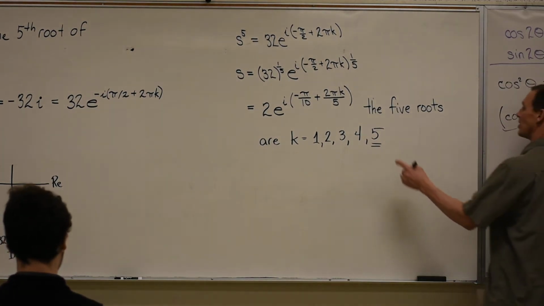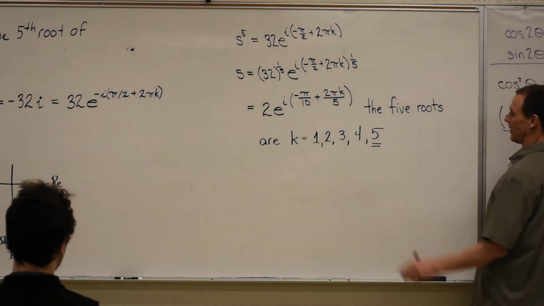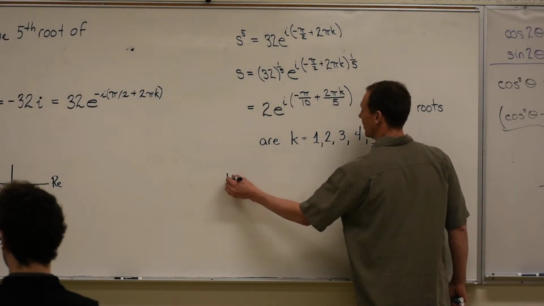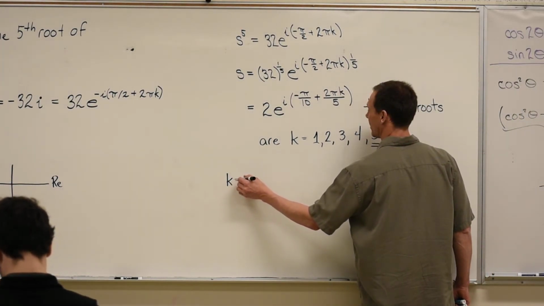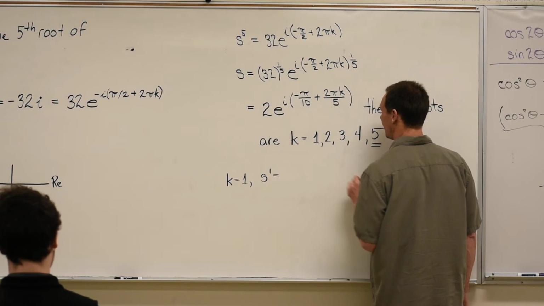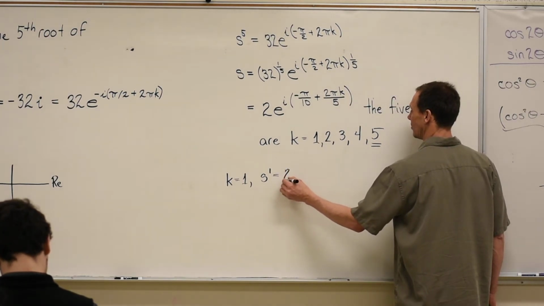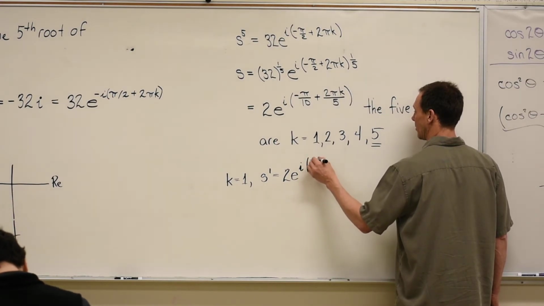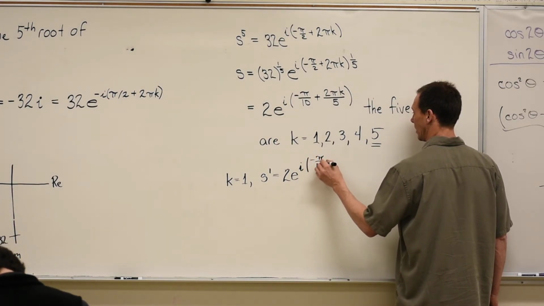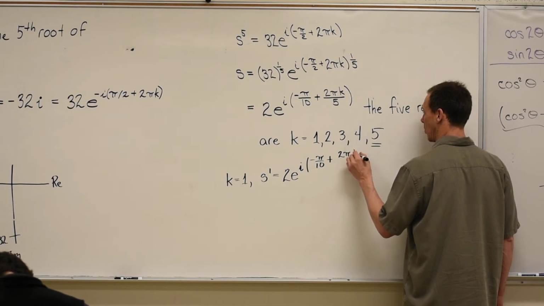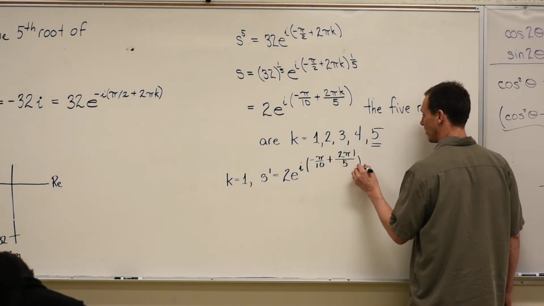This last one should be put on the bottom of that. Let's try. So I'll write out a couple of them. We have k is 1. This is s, and actually, this is s to the first power. I have 2 e to the i times minus pi over 10 plus 2 pi times 1 over 5.